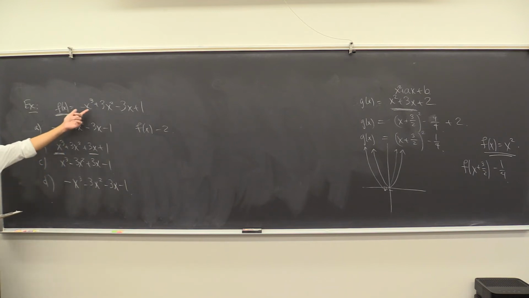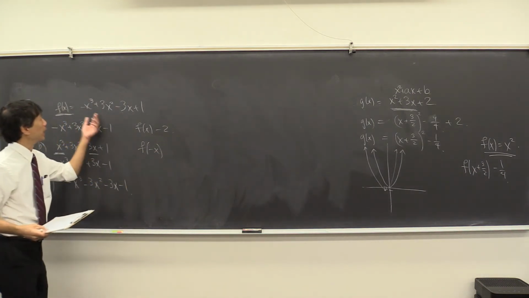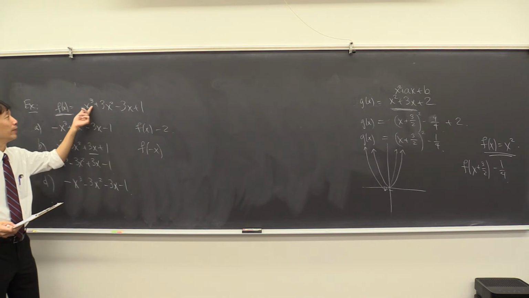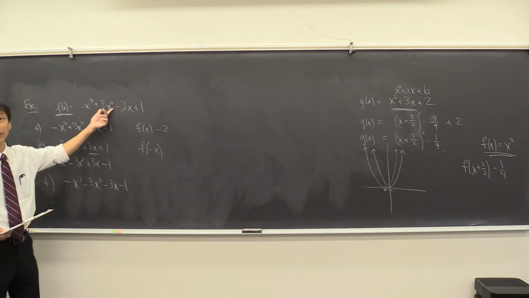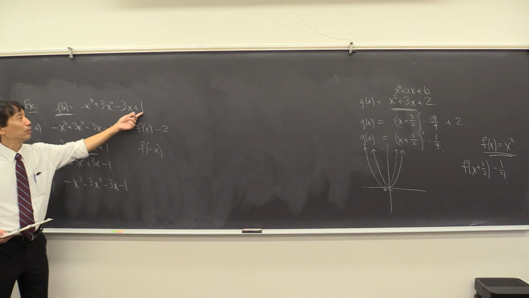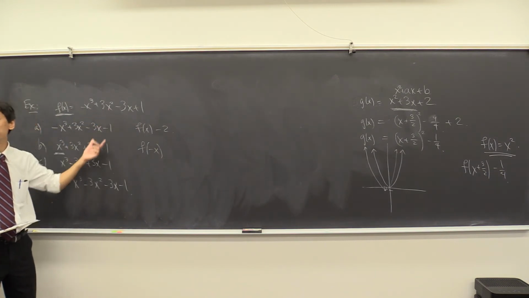If you have f of negative x, that's putting negative x into the x, that would give you negative x cubed, which is just negative x cubed. The square term is not going to be affected by that, because when you take the square of a negative number, nothing happens. This thing isn't affected, but the odd terms would all change sign.